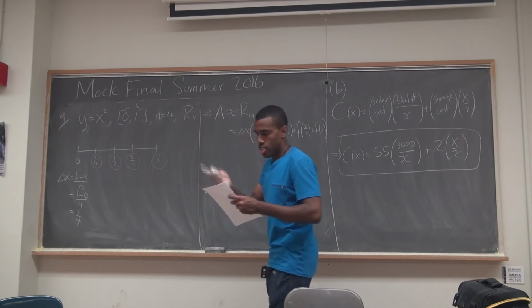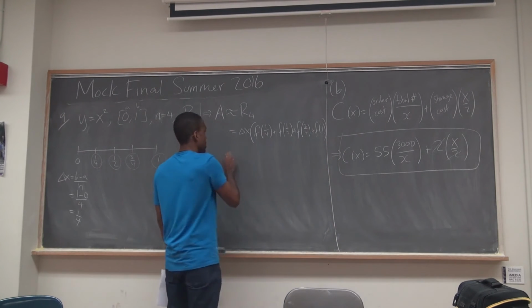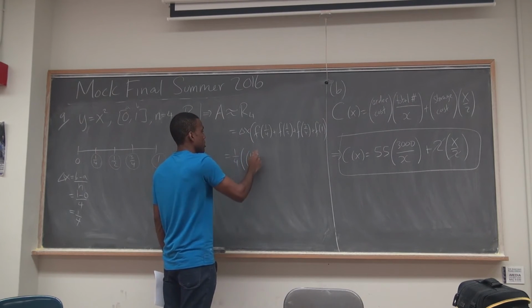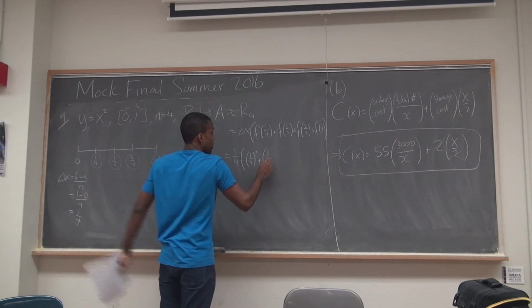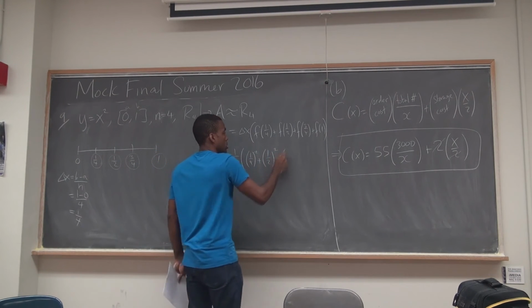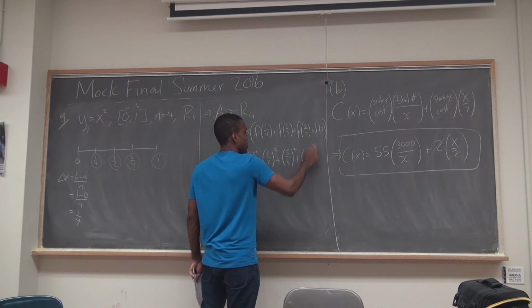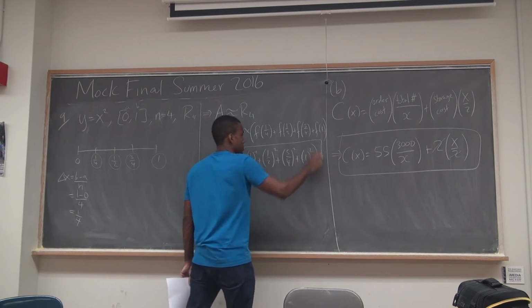And I'll add an instruction here that says it's okay to leave your answer as a sum of fractions, because I don't. So delta x would be a quarter. This guy would just be a quarter squared plus, I'm plugging into this function x squared, a half squared plus 3/4 squared plus 1 squared. That's fine.